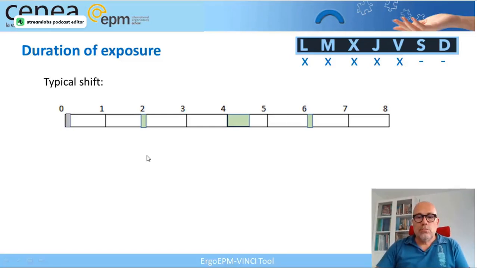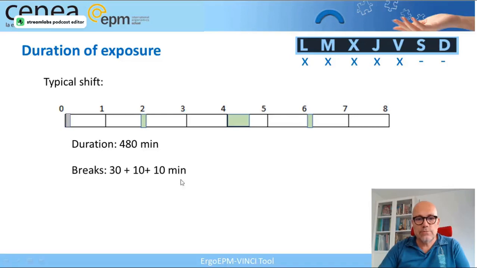Let's look at a typical work shift. 8 hours of work. Therefore 480 minutes. Within these 480 minutes we have 30 minutes dedicated to feeding, a lunch break, plus 2 additional breaks of 10 minutes each.